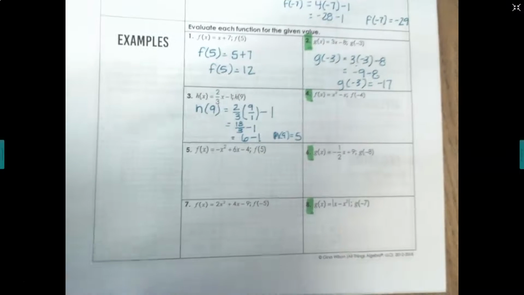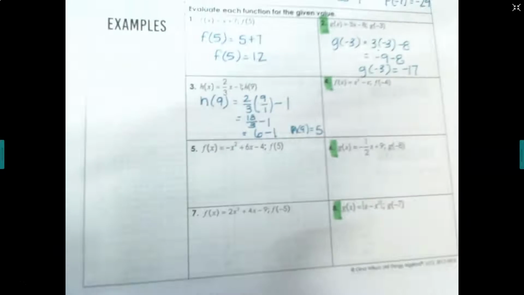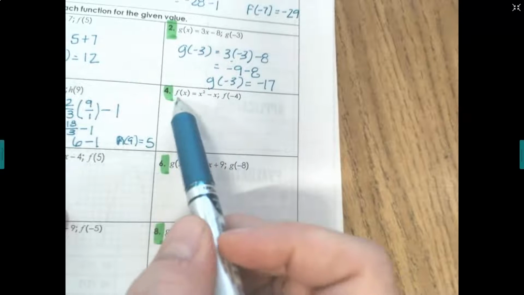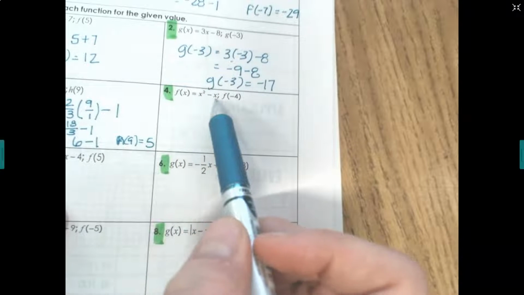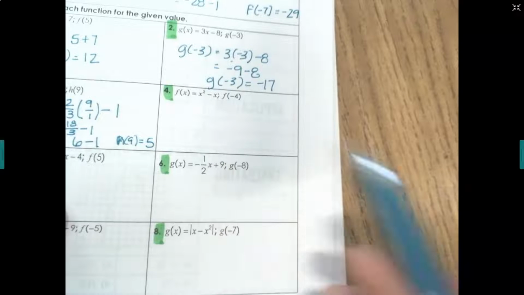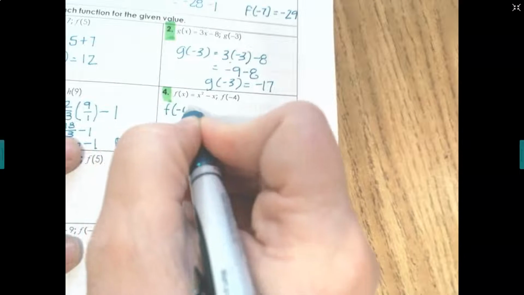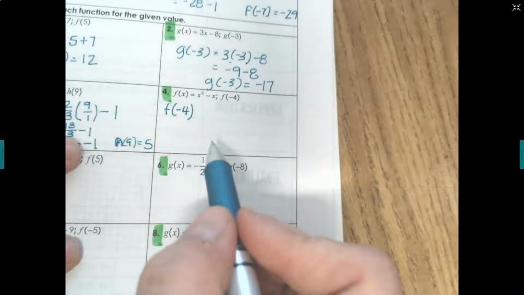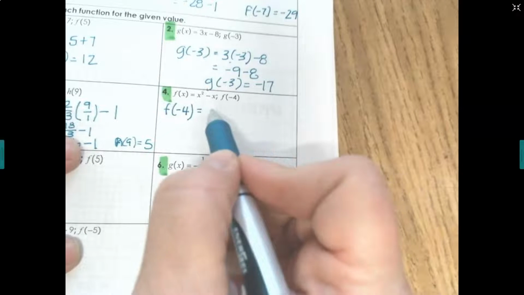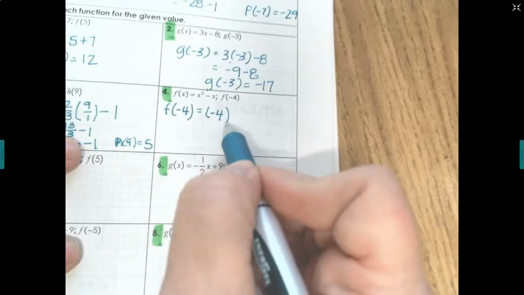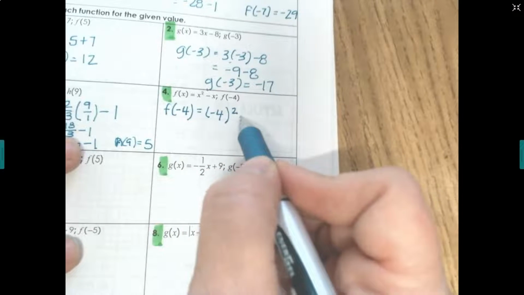Sometimes we can plug it in more than once. Let me make this a little bit closer so you can see it a little bit easier. So if f of x equals x squared minus x, I want to know what f of negative 4 is. So the negative 4 is where the x goes. So everywhere there's an x, I'm going to plug in negative 4. I want you to be very careful. Do you notice every time I've been plugging in, I plug in parentheses.